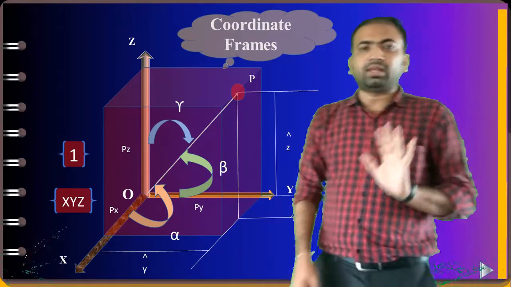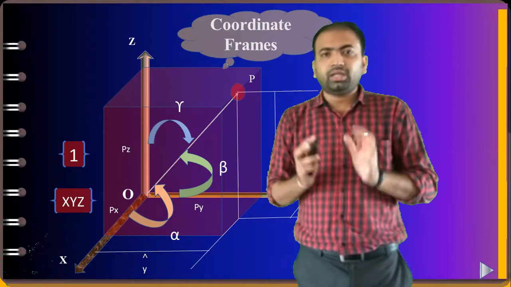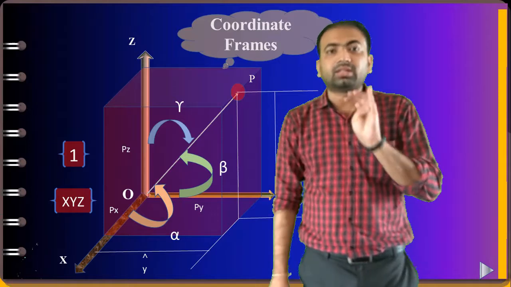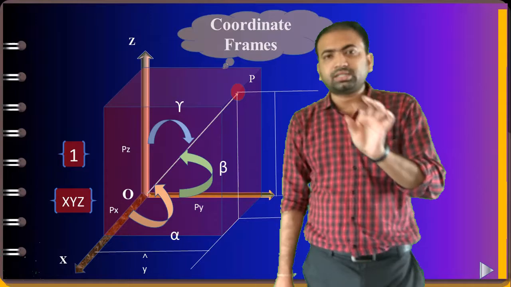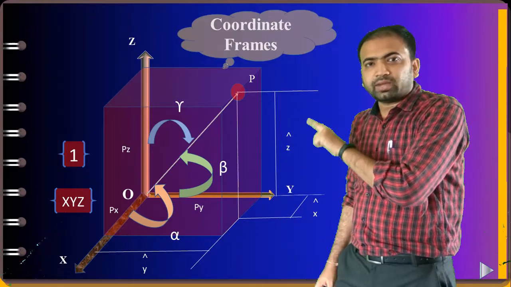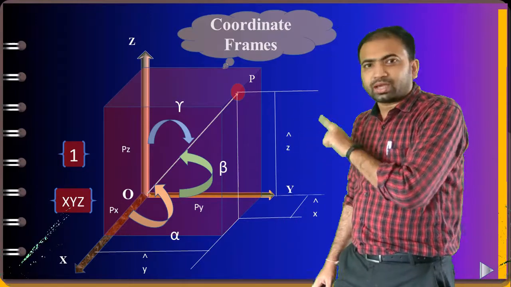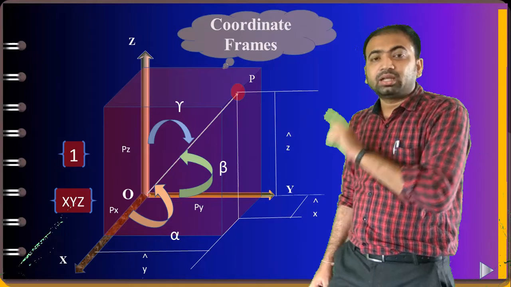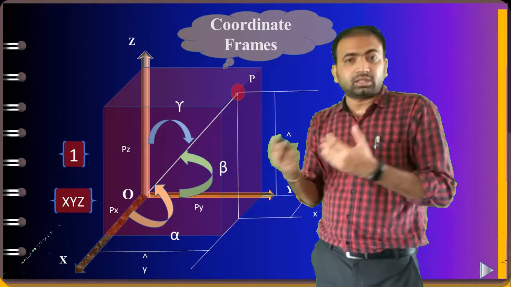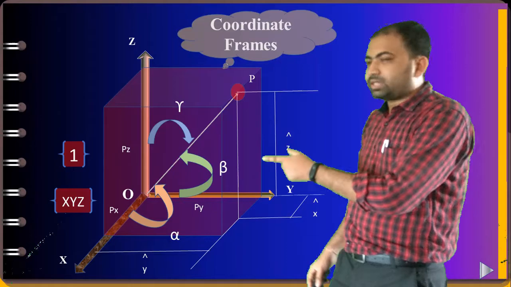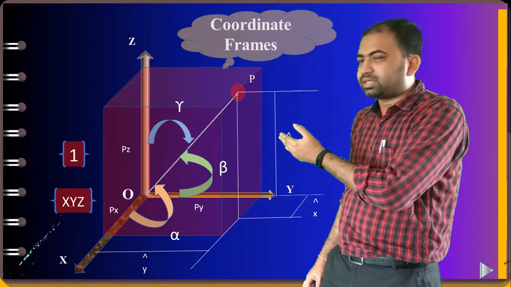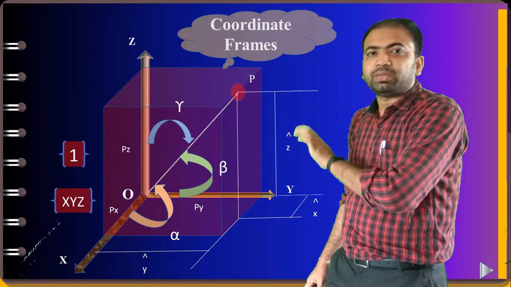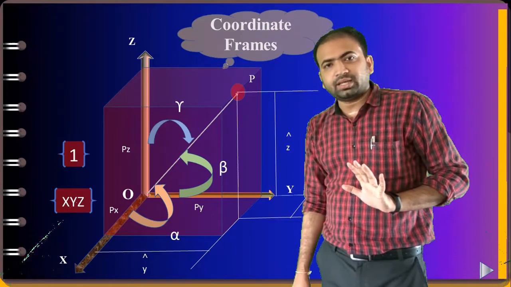So you know very well, in a vector quantity we need to have a unit, that is magnitude, as well as direction. The unit is represented with unit vectors like x cap, y cap and z cap, and the direction is represented by fx, fy, fz, or if the point is P, as in this case, it will be px, py and pz. Is it clear?